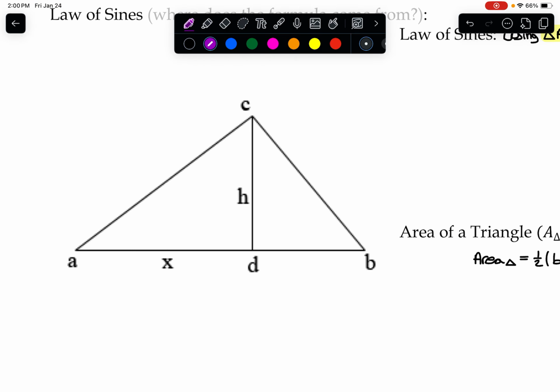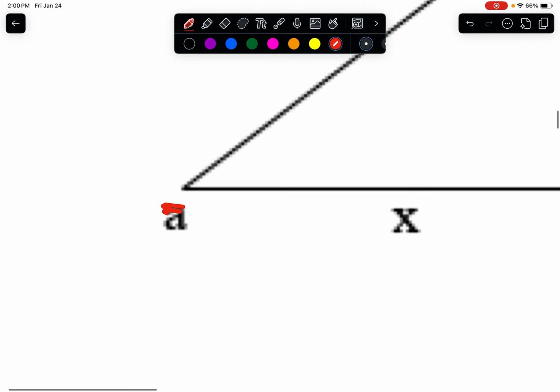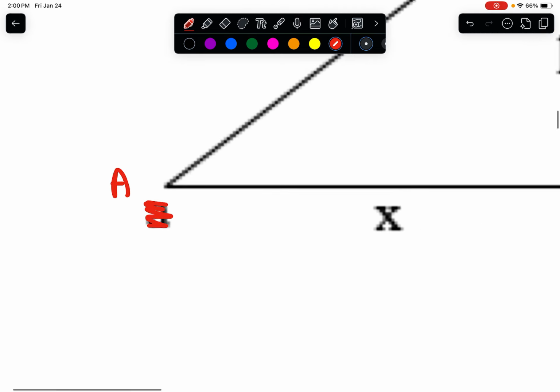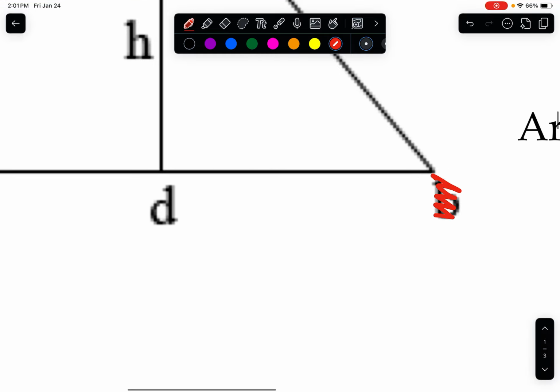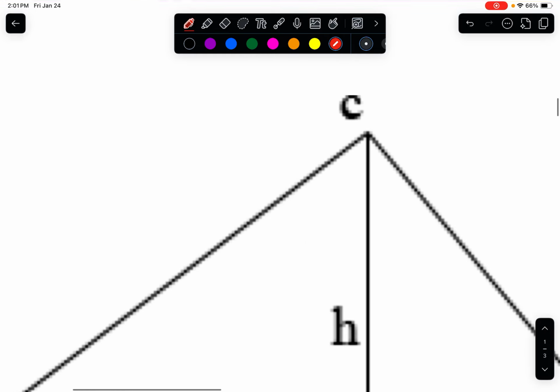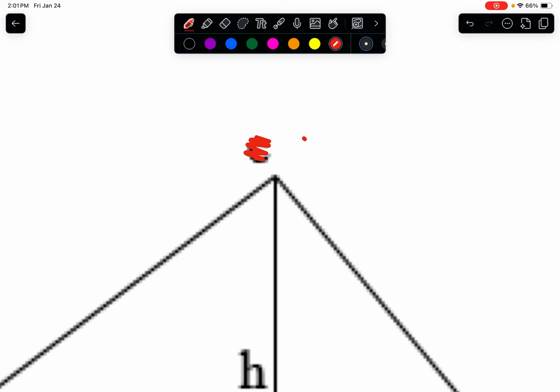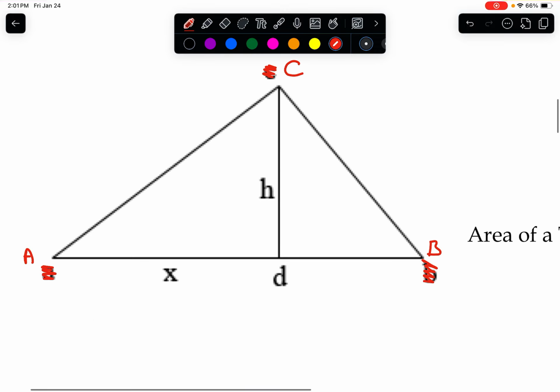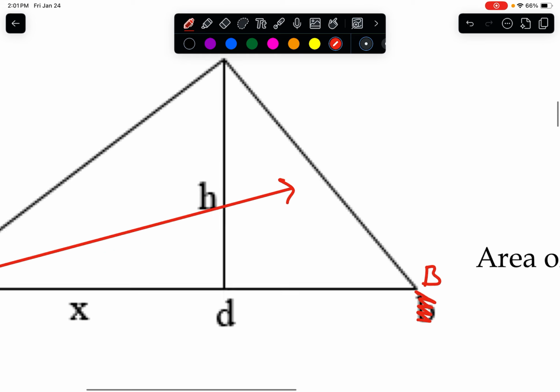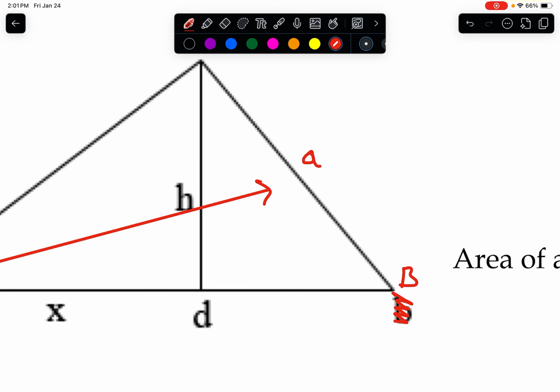I need to label it first. I know this is a lowercase, but it really should be an uppercase A. Same idea over here, this should be an uppercase B, and over here an uppercase C. As we mentioned, angle A is across from side a, so this over here is side a.